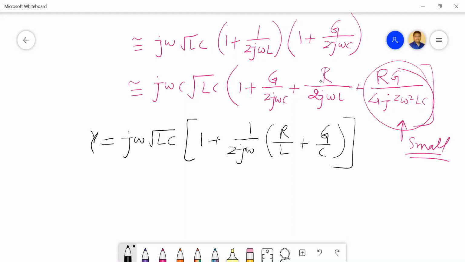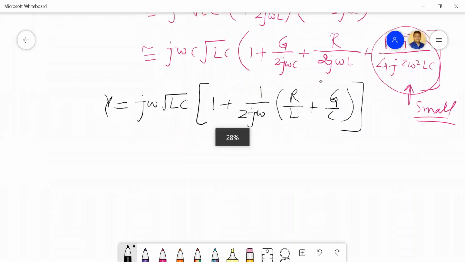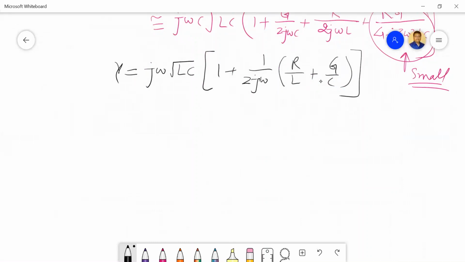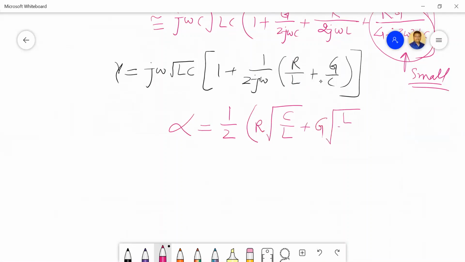Yes, rearranged here. Now this whole gamma is the propagation constant. You need to perform a little bit of rearrangement here, and you can write separately what is alpha and what is beta. So I am directly writing alpha is half times (R under root C by L plus G under root L by C).